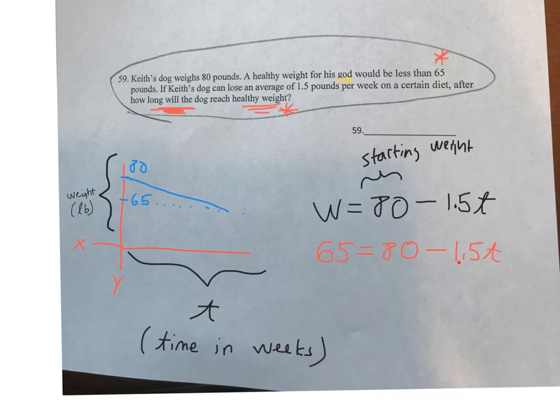Well, we could keep the t over here. That's fine. Let's subtract 80 from both sides. You therefore have negative 15 equals negative 1.5 t. And then dividing both sides by negative 1.5 would give you a positive 10.